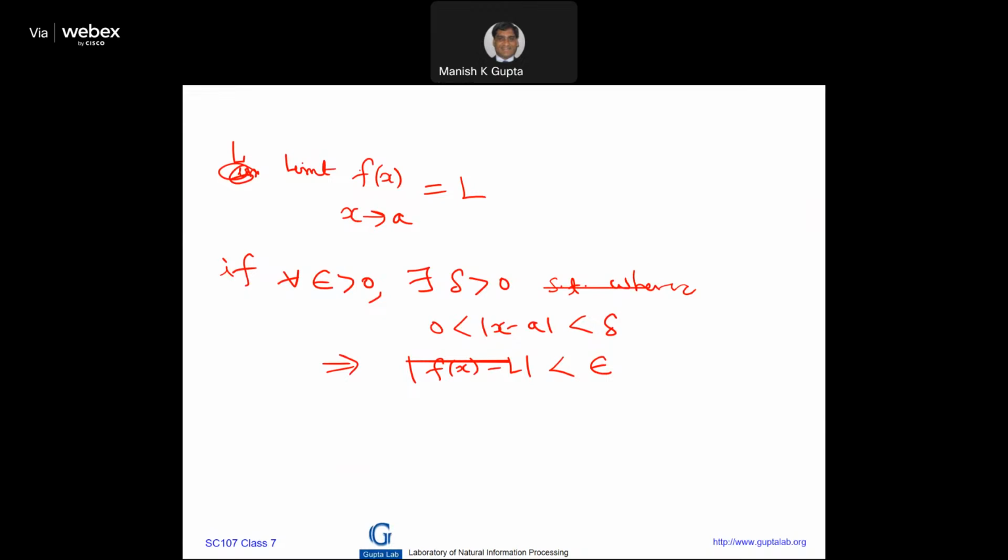But the idea is, basically delta is the size of the neighborhood of A, and epsilon is the size of the neighborhood of point L, right? Because epsilon on this side and epsilon on the other side. So the idea is as x approaches towards A, in loose terms, whenever x is in the neighborhood of A, its images are in the neighborhood of L. If this happens, then the limit of f of x as x tends to A is L. That's a very simple idea, right?